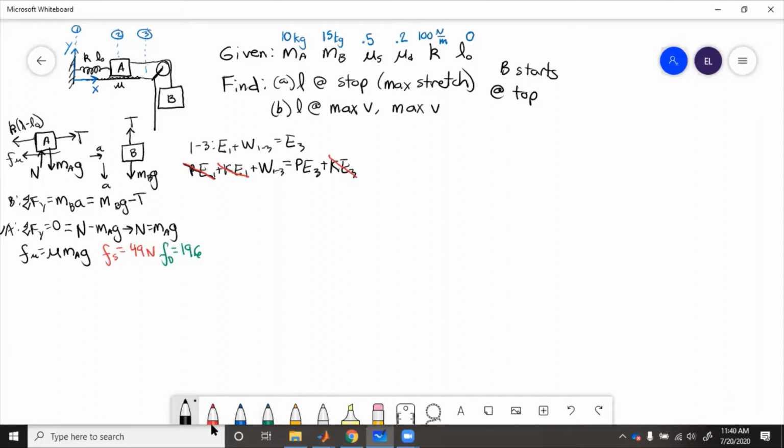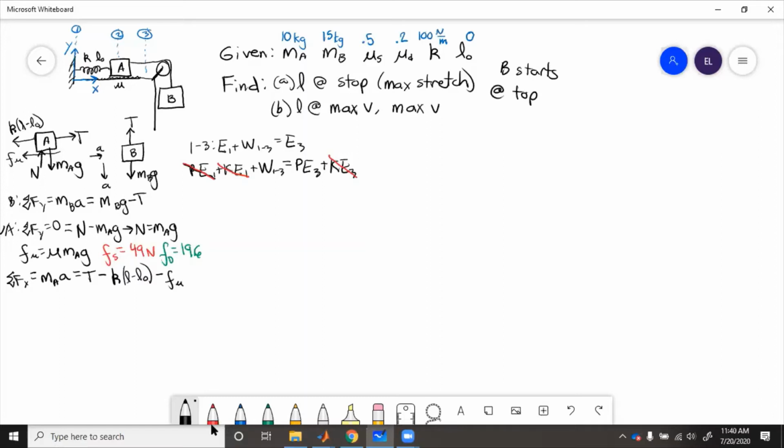So then sum of the forces in the X equals MA, which equals that tension minus the friction force. So we'll say K times L minus L naught from the spring minus this friction right here.